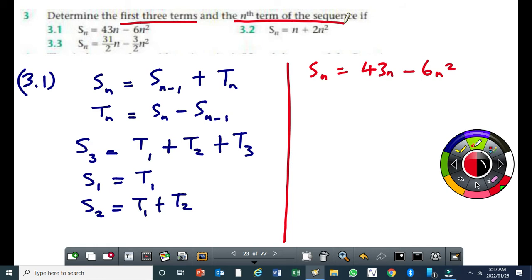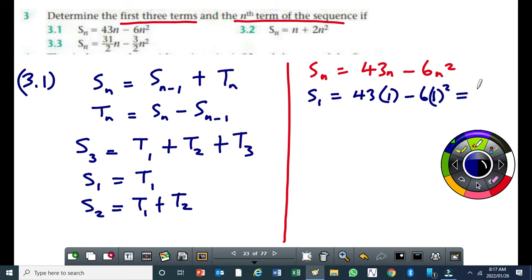First we need to know that S1 means the first term or the sum of one term, which is going to be that term itself. So this will be 43 times 1 minus 6 times 1 squared. If you simplify this, you get 43 minus 6, and this will give you 37.